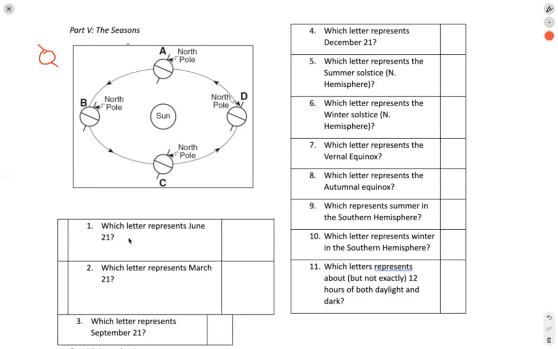So one asked us, which letter is going to represent June 21st? So where is June 21st on your doodle notes? D. On your doodle notes, it's over here. So where's June 21st going to be on this picture? B. Exactly.